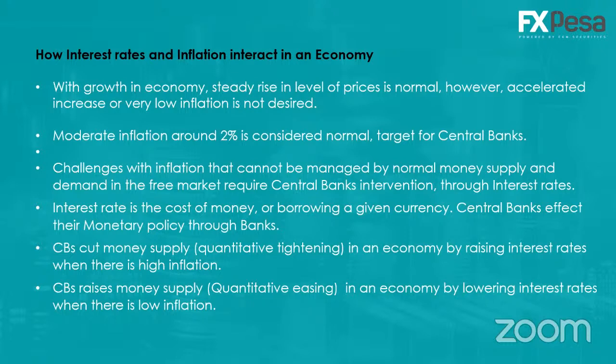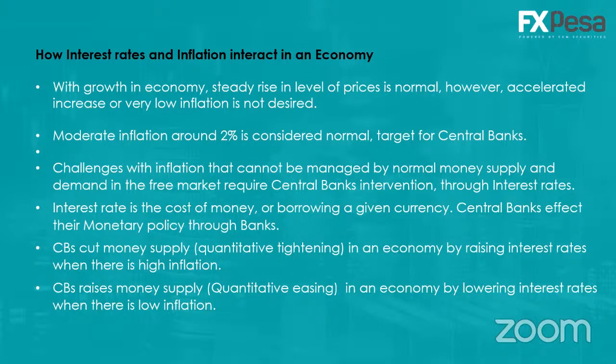Central banks also raise money supply, which is considered quantitative easing, or trying to loosen lending a little bit. They lower the interest rates so that the central banks have an incentive to offer money at a lower cost.